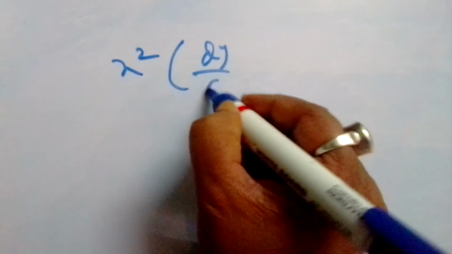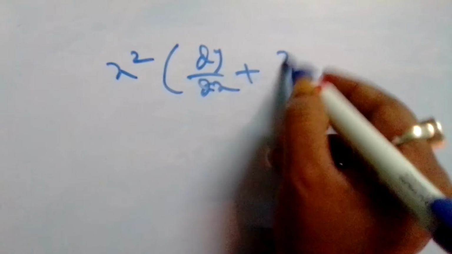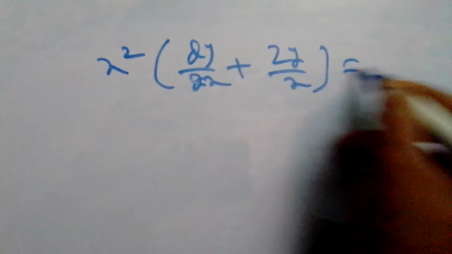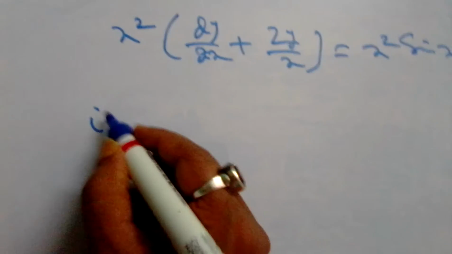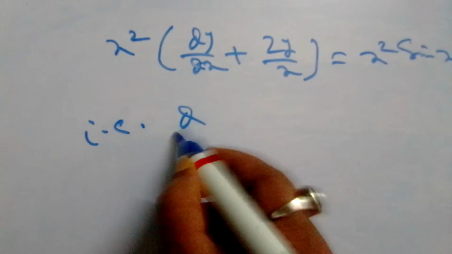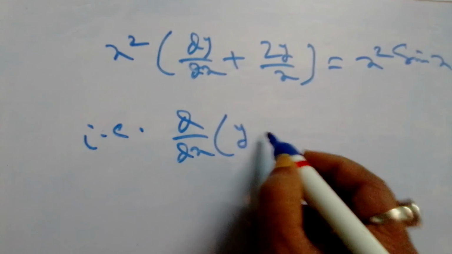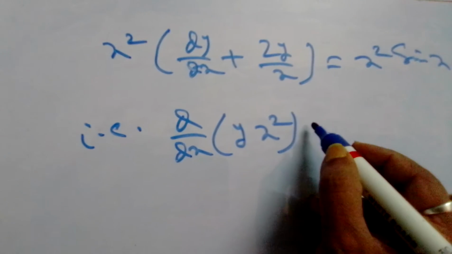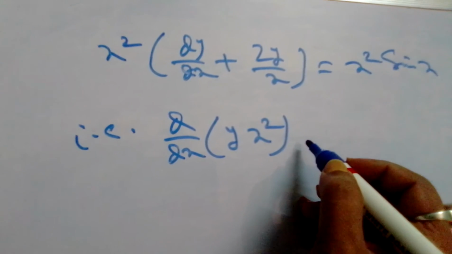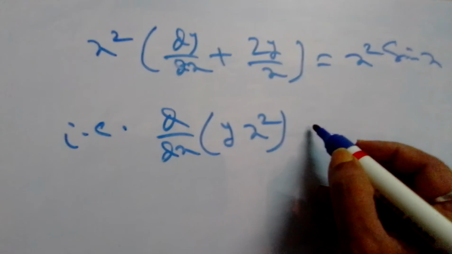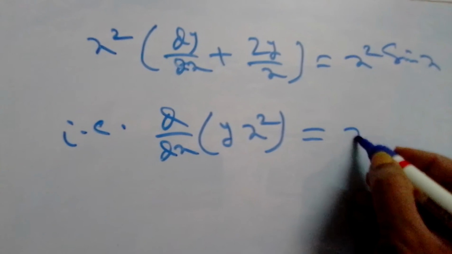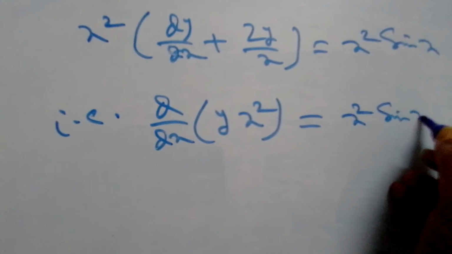x square into (dy/dx plus 2y/x) is equal to x square into sine of x, that is d/dx of simply y into the integrating factor, that is y x square, is equal to x square sine x.